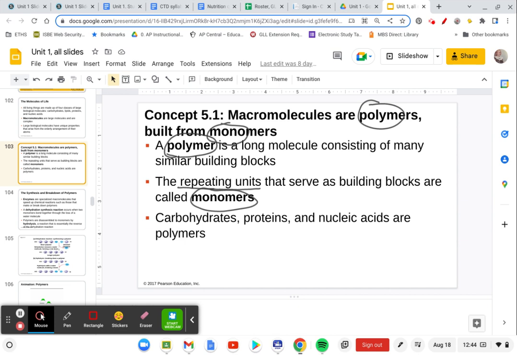They may be a little more specific and not just have repeating units, so they might have a functional group added onto them, as opposed to a polymer that might just be many units altogether. But you will not have to make a distinction between a polymer and a macromolecule.